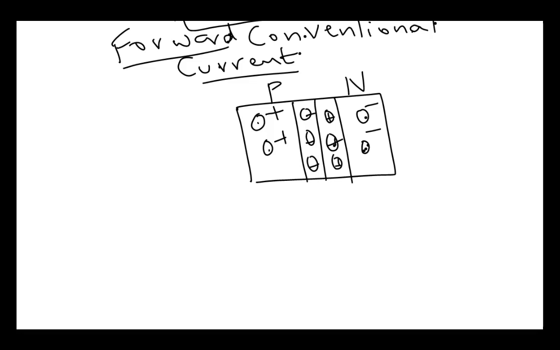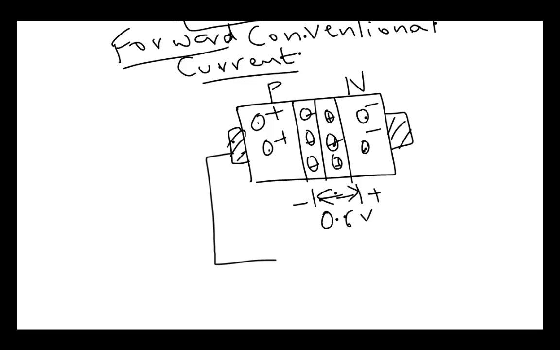And this is my battery potential. This is my barrier potential. Let's say for silicon it's 0.6 volts. These are my metallic contacts. Note the difference is the battery is connected in an opposite fashion compared to forward bias. This is the positive, this is the negative.